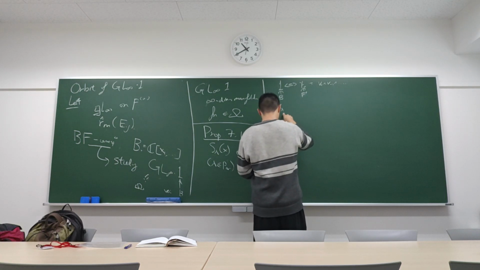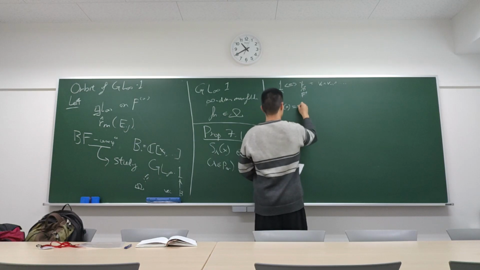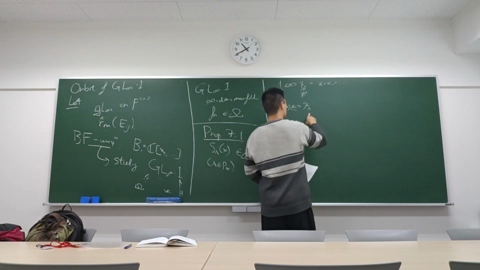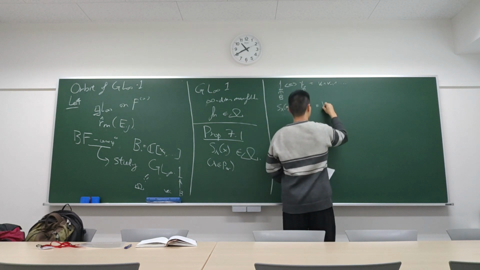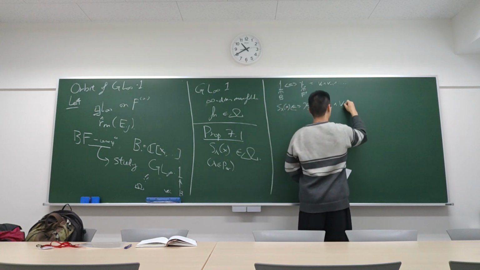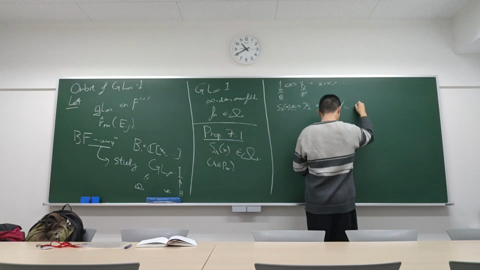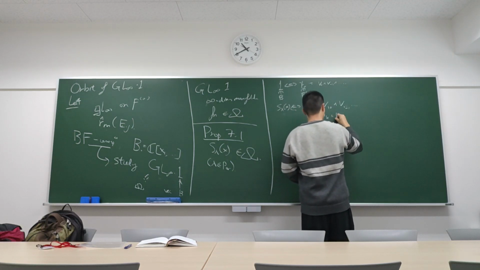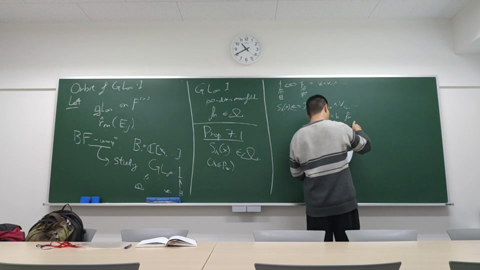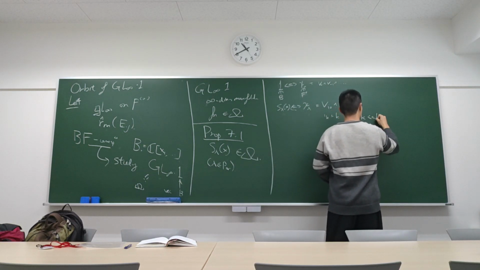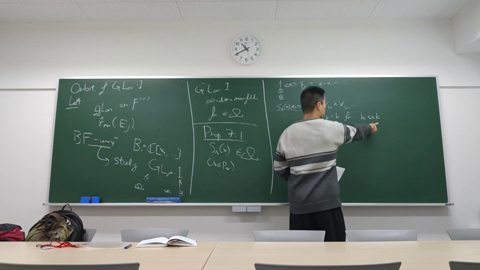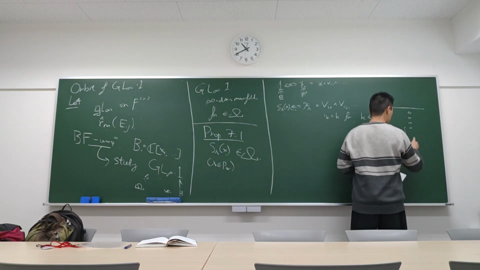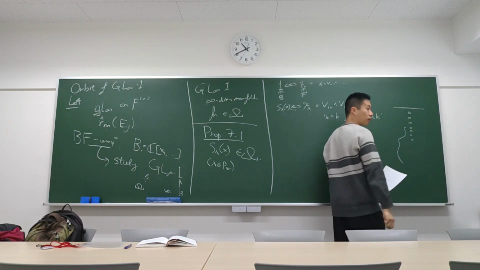We have some lambda, which is the partition, and we correspond to this psi lambda, which is v_{i_0} wedge v_{i_1} wedge and so on, where i_k is k for some cutoff, for k very small. Recall that this means that the Dirac sea, these holes are all filled by electrons.